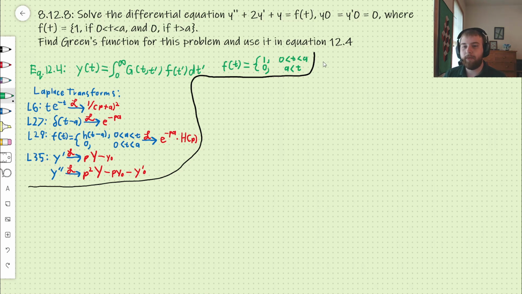So what we would have is the second derivative of our Green's function with respect to time, plus 2 times the first derivative of our Green's function with respect to time, plus our Green's function, equals our delta function that starts at some time t prime.